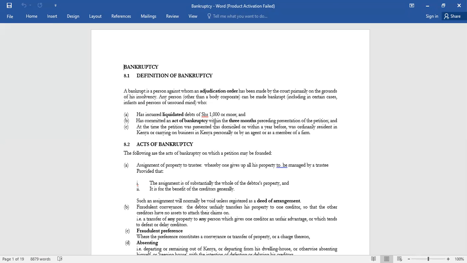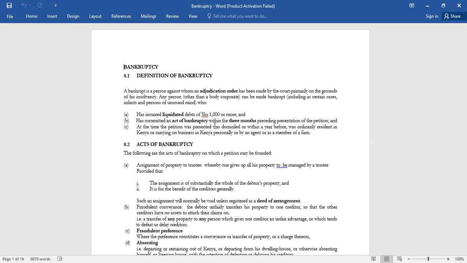Either you have a liquidated debt of 1,000 or more. In other words, you are unable to meet an obligation of 1,000 or more. The Kenyan way of borrowing and not paying: someone will tell you, "ebu ni save na 1K, nitakusort."